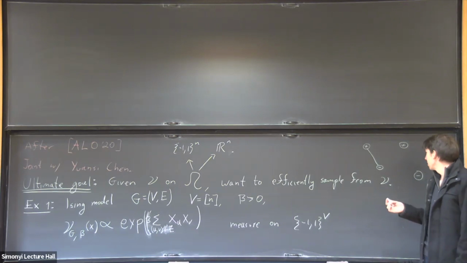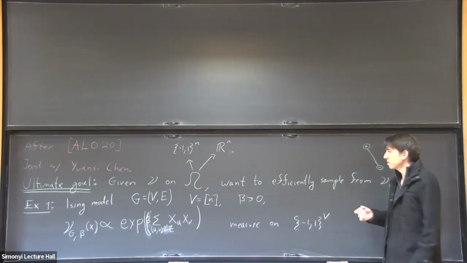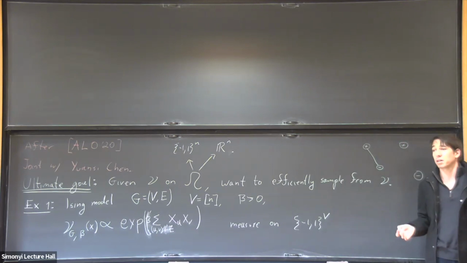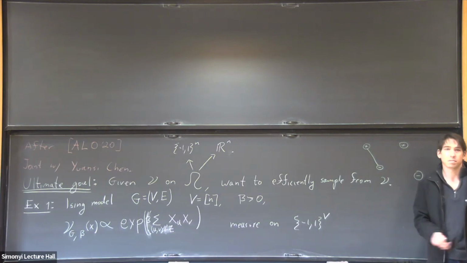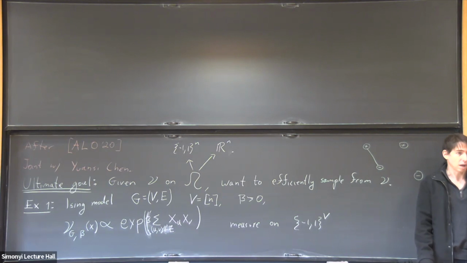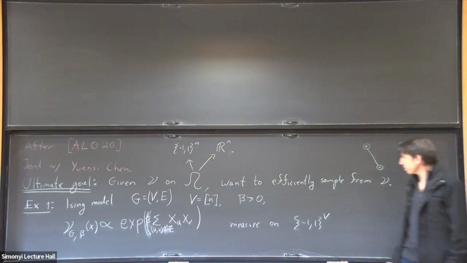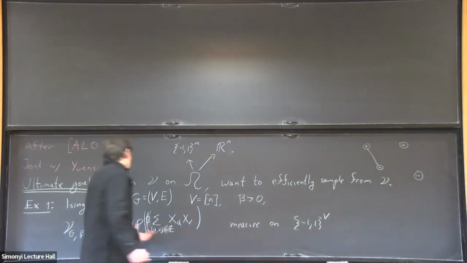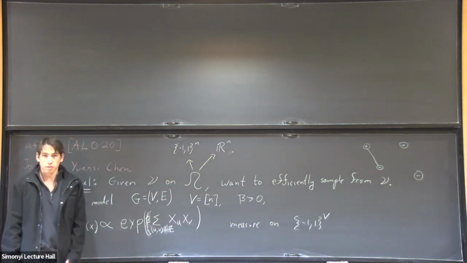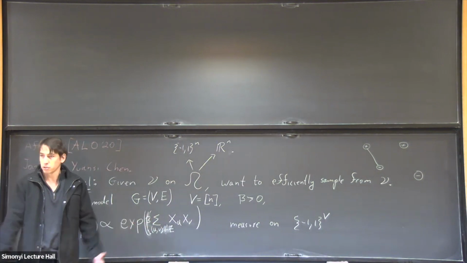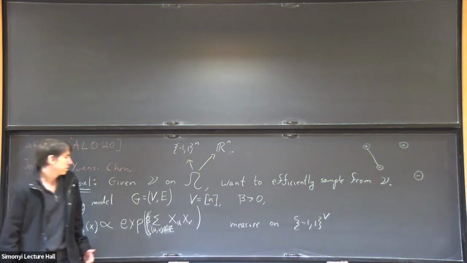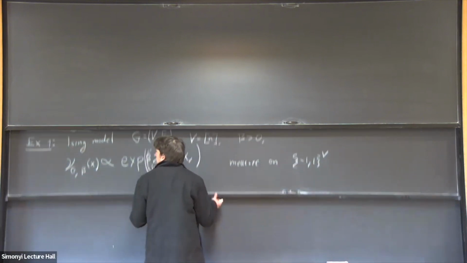There's a very, very deep theory on Ising models on lattices, for example, but you can basically take any graph. This gives us a measure on the discrete hypercube, and we might want to sample from it. This is the first example.